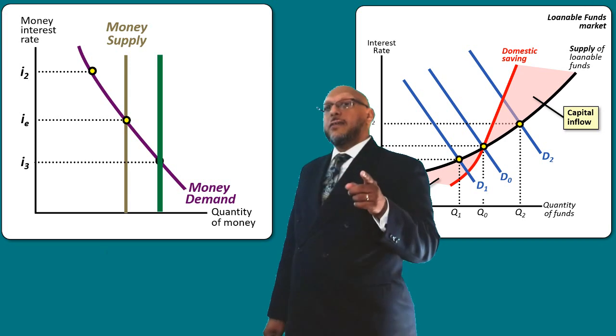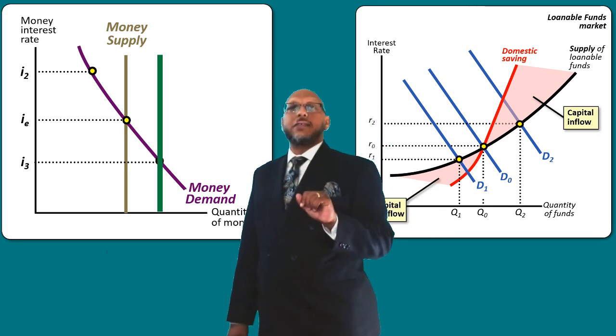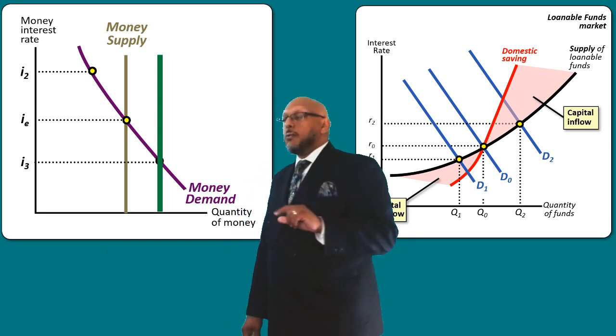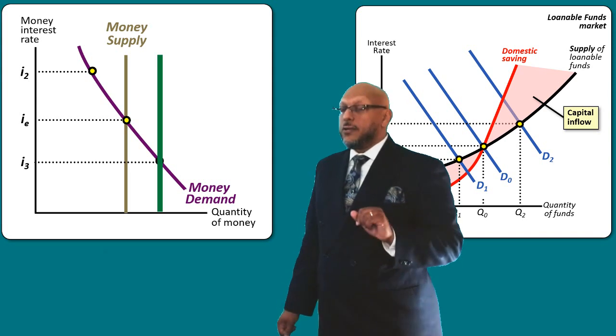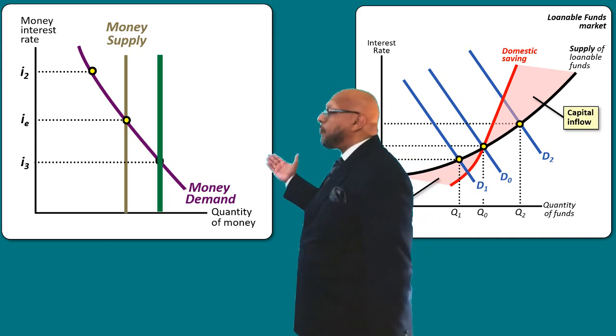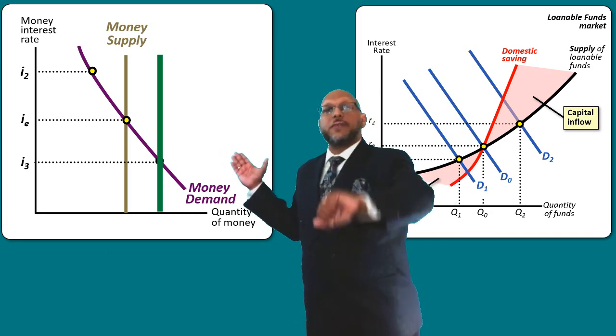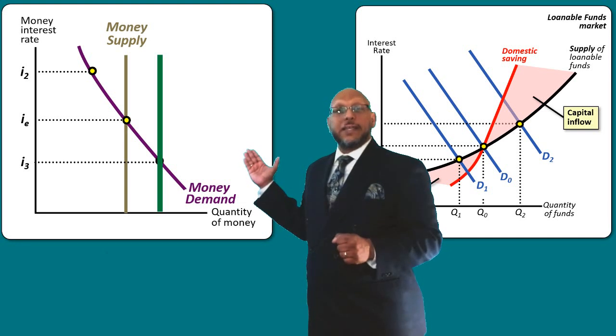Now, how else can this money supply increase? Well, this is a slightly different curve, or money supply, but it incorporates now, let's add in the Federal Reserve. The Federal Reserve can also manipulate this money supply.